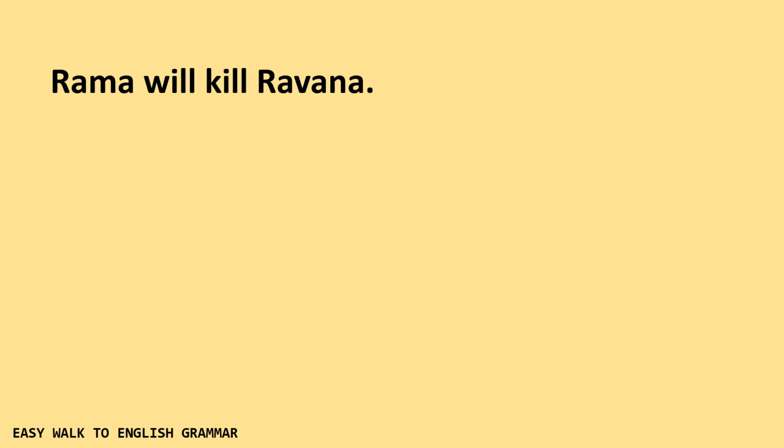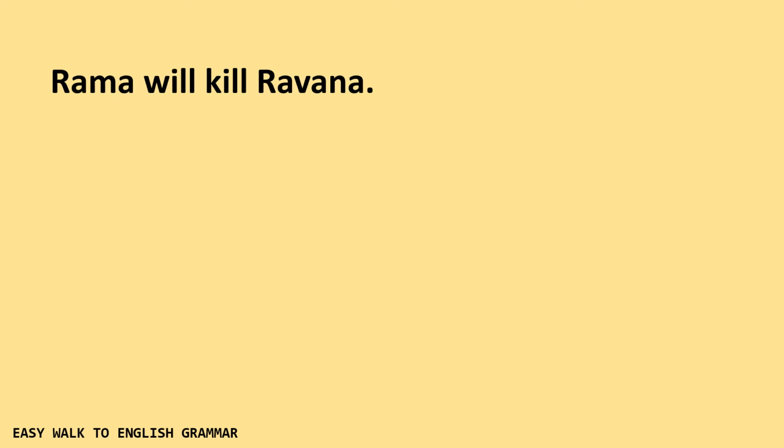We'll soon come with a video about modal auxiliaries in our channel Easy Walk to English Grammar. Then you will certainly understand what they are. Now, just try to understand where we use modal auxiliaries in the sentence, in the active voice.